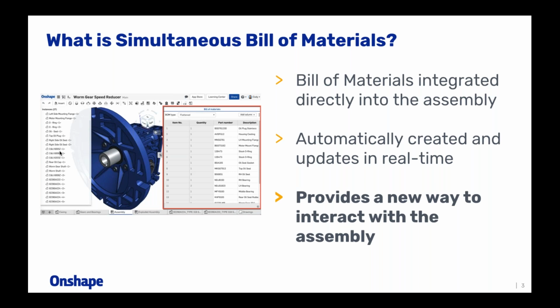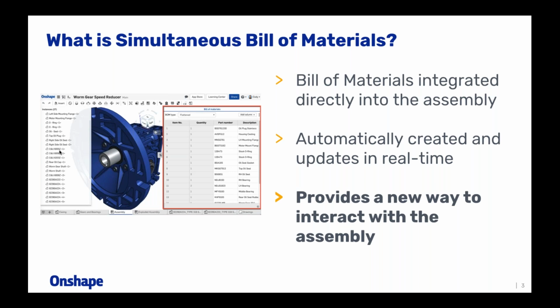It's a functioning piece of the interface at the assembly level, and it's automatically created. It also updates in real time, so as you insert more parts, you're going to see the bill of materials automatically update. The biggest thing that I'd like to stress about the simultaneous bill of materials is it really provides you a new way to interact with your assembly.